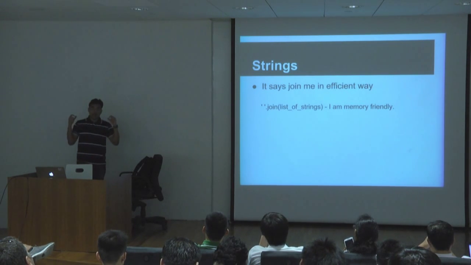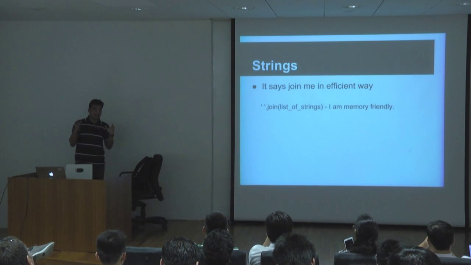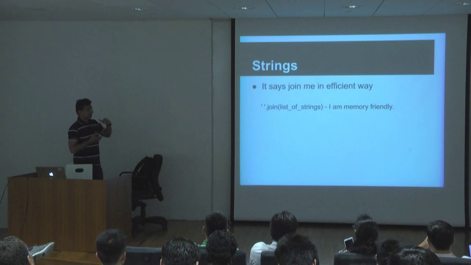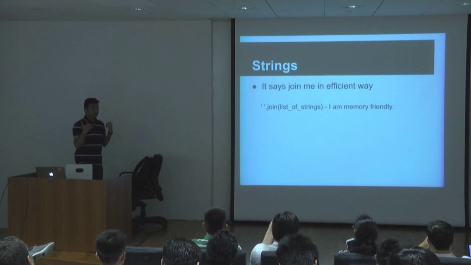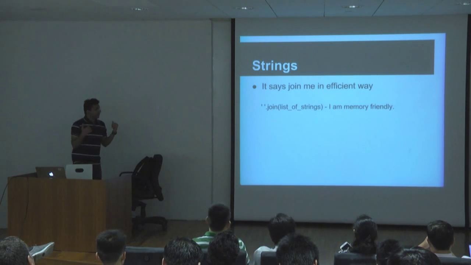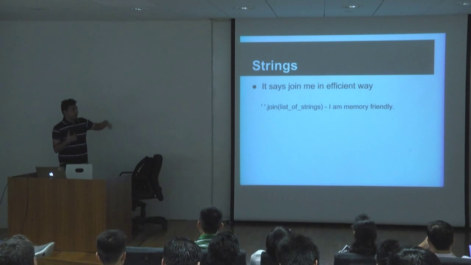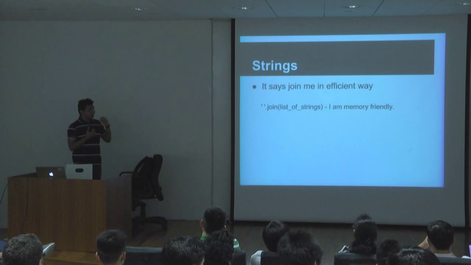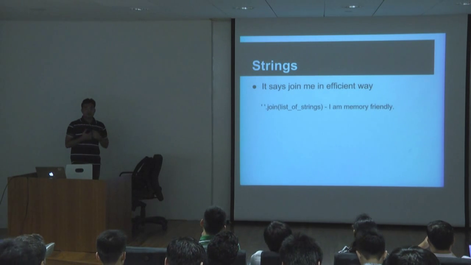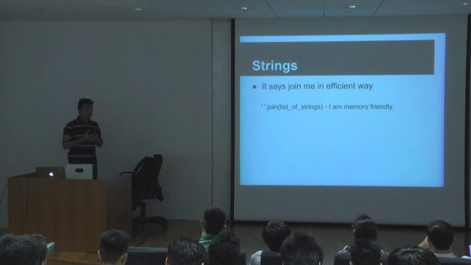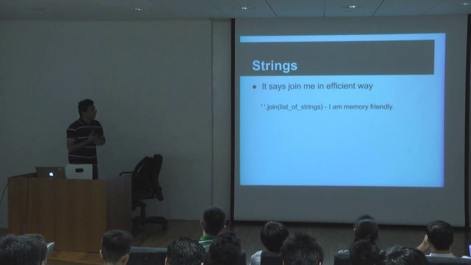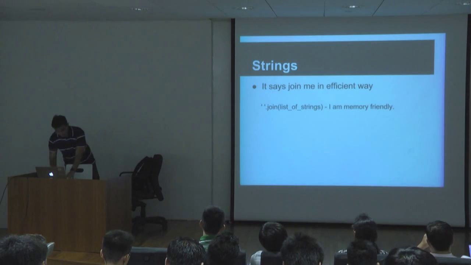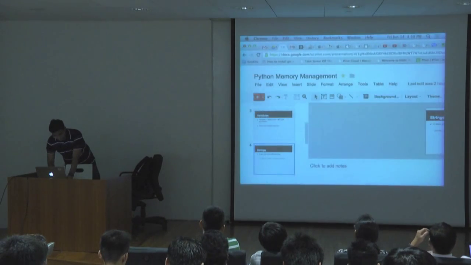Like if I have 100 elements in the list, it will count them, allocate the memory accordingly for the final string's length, and then finally join them. So using dot join is more efficient than using the plus operator. I think we can have a simple example for this.